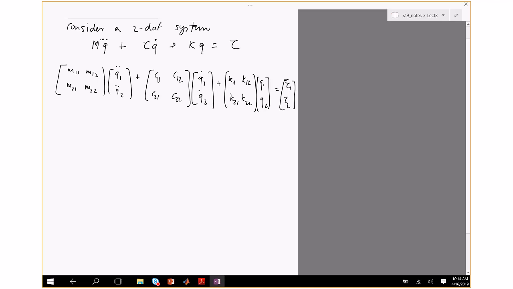This is what a 2 degree of freedom spring mass damper system would look like. Most times some of those masses and damping terms are zero, but this is how a generic 2 degree of freedom system would look.